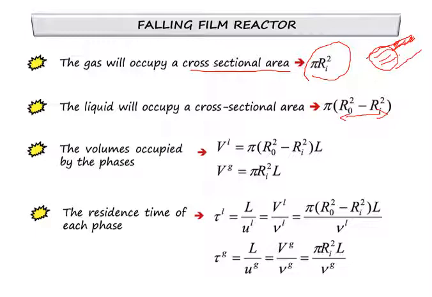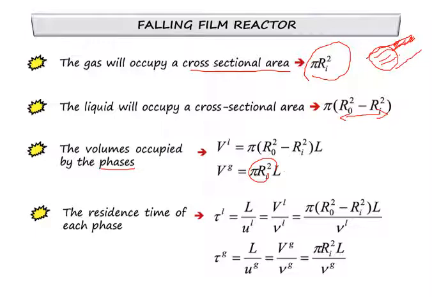For the volumes occupied by the phases, for the liquid, the cross-sectional area occupied by the liquid times L gives the volume. And for gas, the cross-sectional area occupied by the gas times L gives the gas volume.